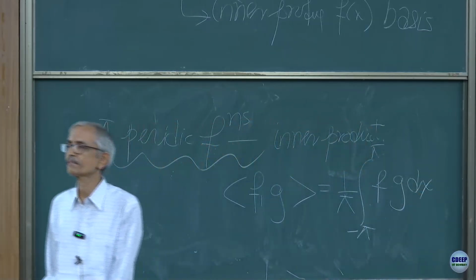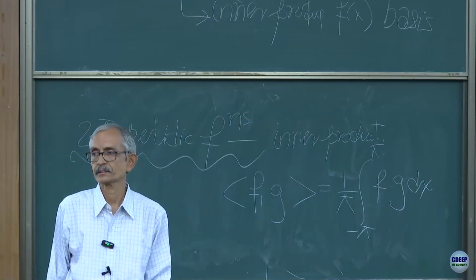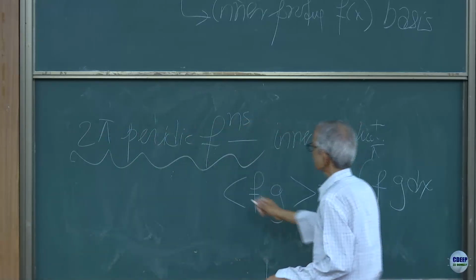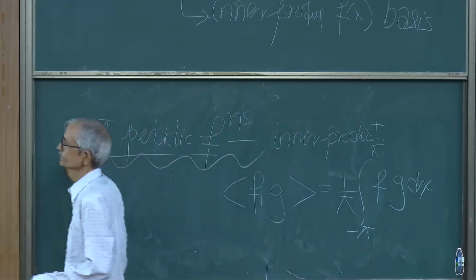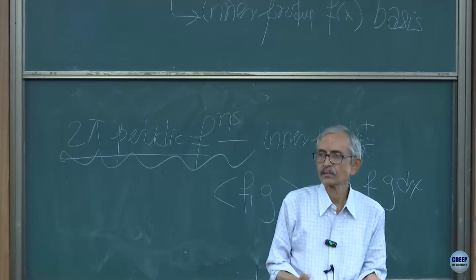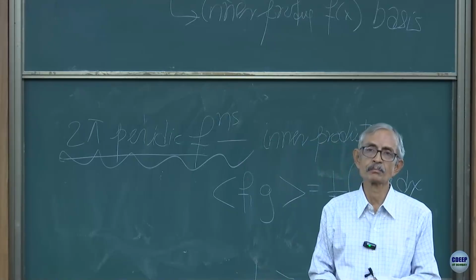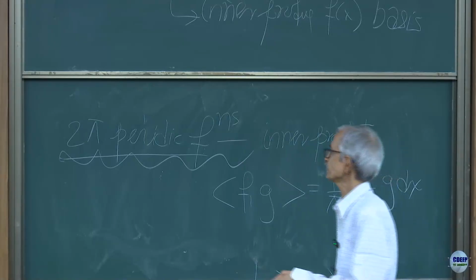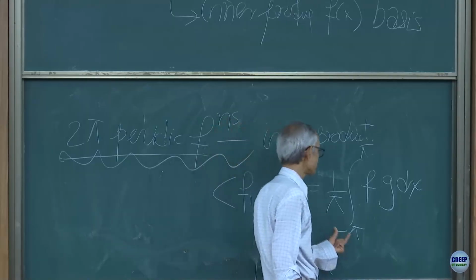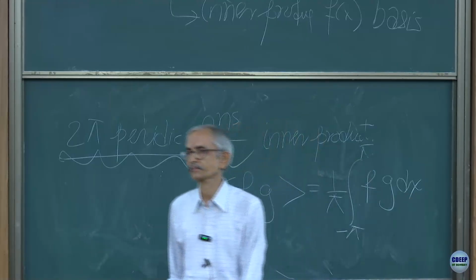This is my definition of the inner product for my function space. I have 2 pi periodic functions, and I can put forward a definition for the inner product for the functions, and that's the definition that we are putting forward. The inner product of two functions f and g is 1 by pi integral from minus pi to pi of f g dx.